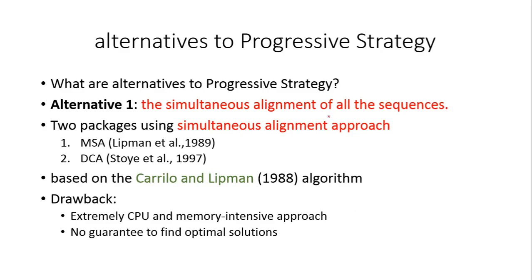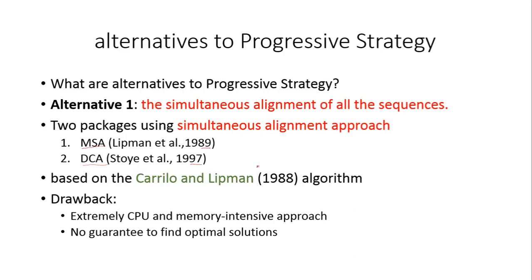There are two packages that rely on this approach, that is, they try to simultaneously align all of the sequences. The two packages are MSA, developed by Lipman and his group back in 1989, and another developed after about 10 years, in 1997, called DCA.